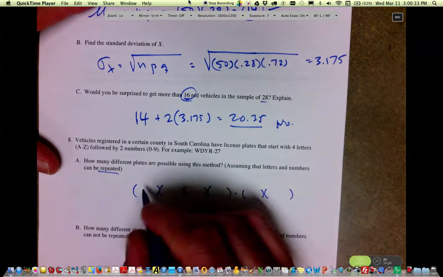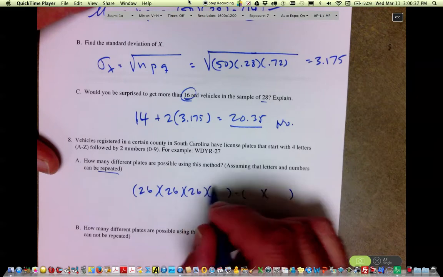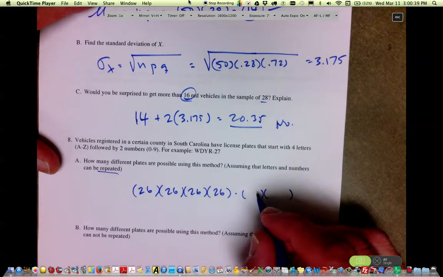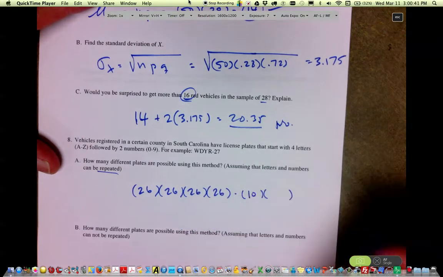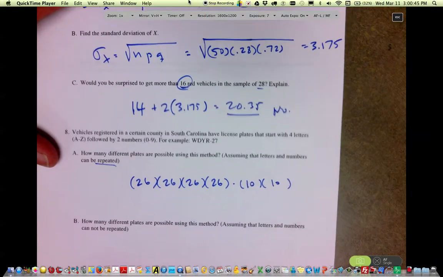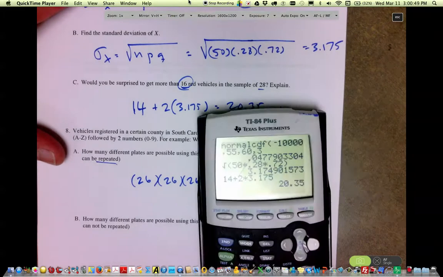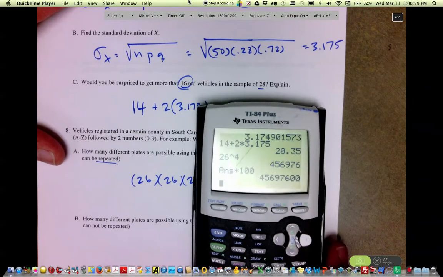The number of letters that could fill each spot would be 26, 26, 26, 26, and then the number of digits, 0 to 9, is 10 digits and 10. The counting principle says just multiply all these together. So we're going to get 26 raised to the 4th power times 10 times 10, which is 100.